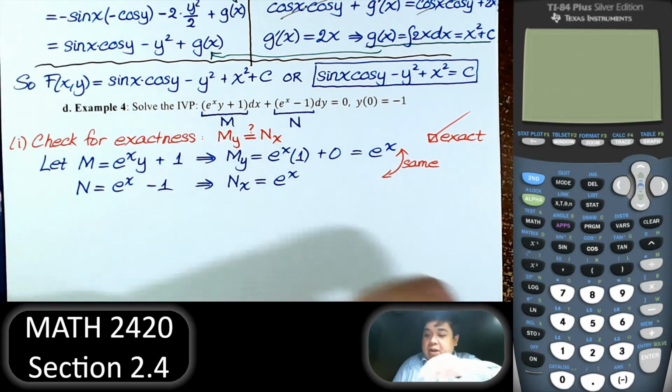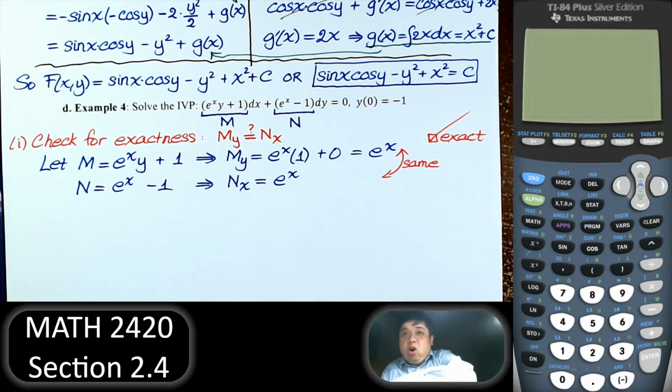Next, if it is exact, there is a potential function f of xy such that the partial derivatives equal m and n respectively.